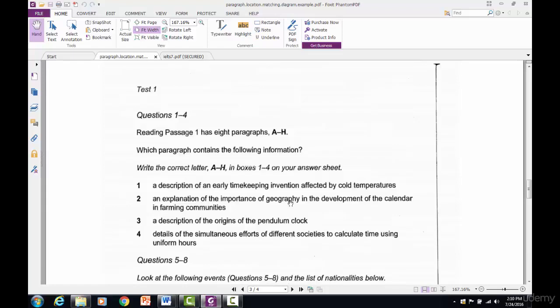The reason why we do the other questions in the set is a lot of times they go in order, or they're much easier to do. And while we're doing the other questions, we're able to look at a lot of the passage. And after we've looked at a lot of the passage by doing the other questions, then going back to a paragraph location question makes it much, much easier to do and handle.